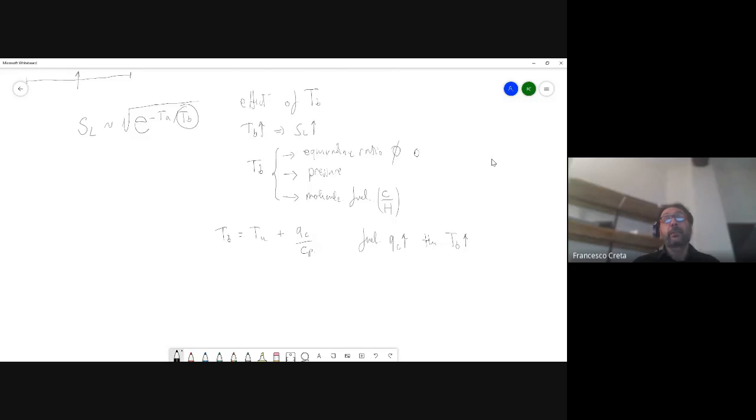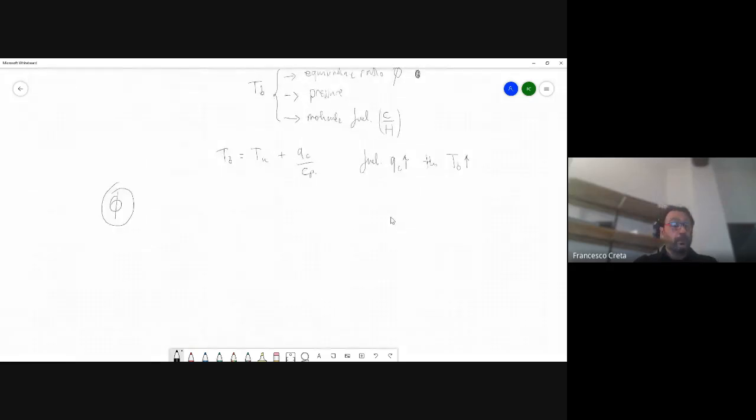So let's look at this first point here, the role of the equivalence ratio on TB. You can do this by using any program like Cantera, for example. As you vary phi, the equivalence ratio, you have a peak of TB around 1.